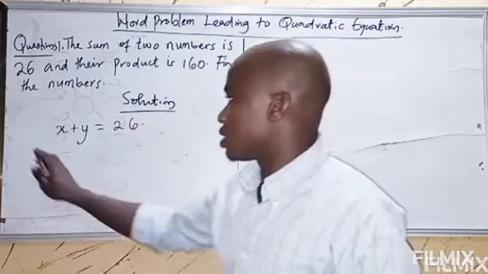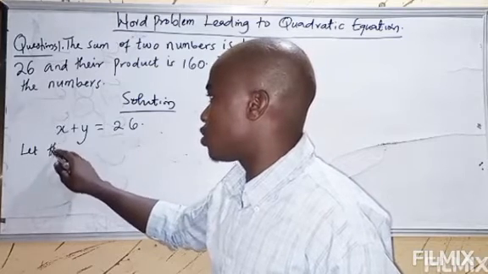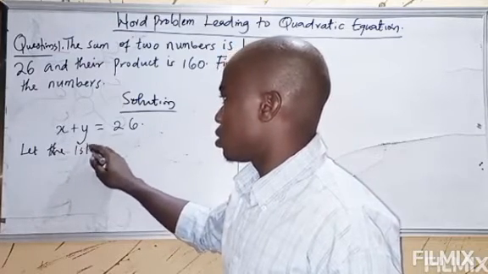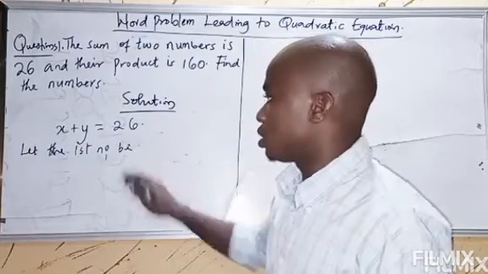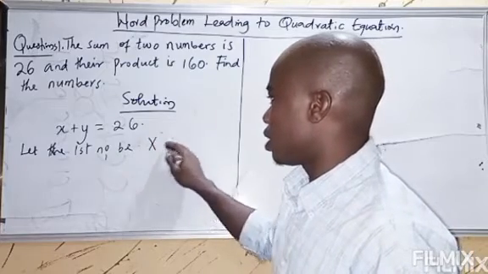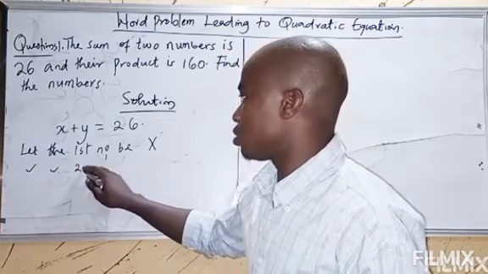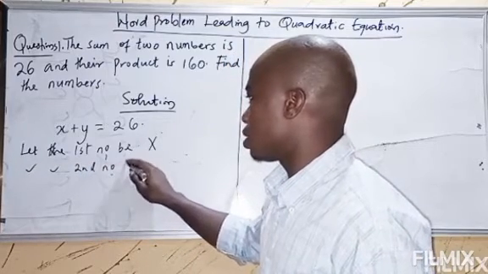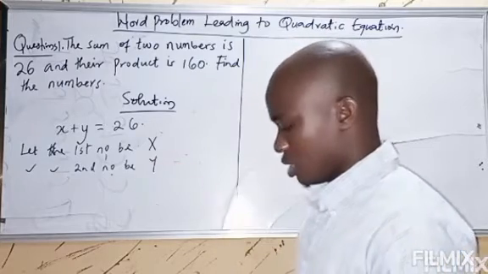So you can say let the first number be x and the second number be y.